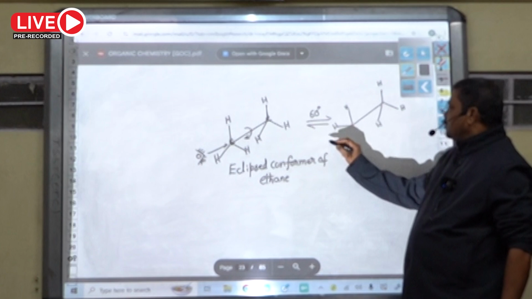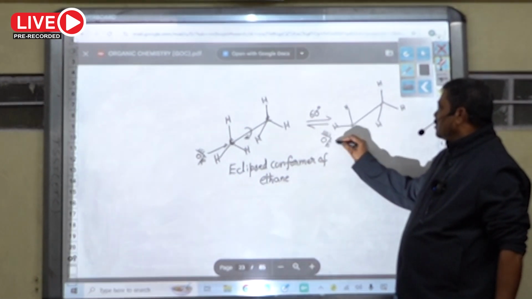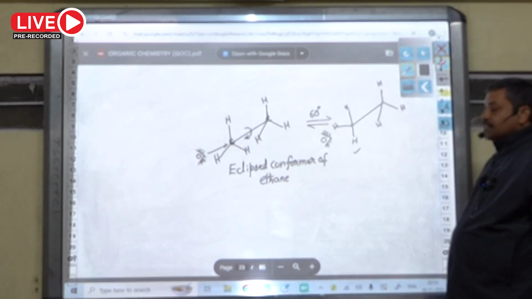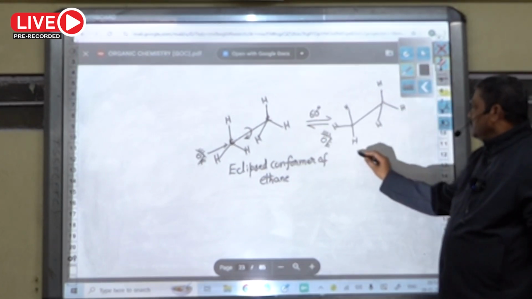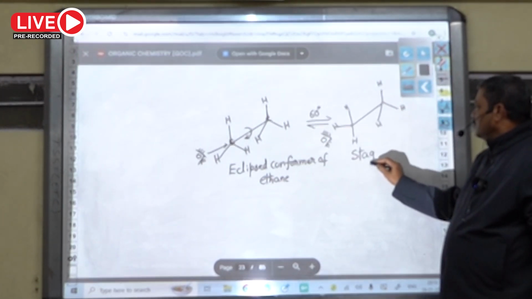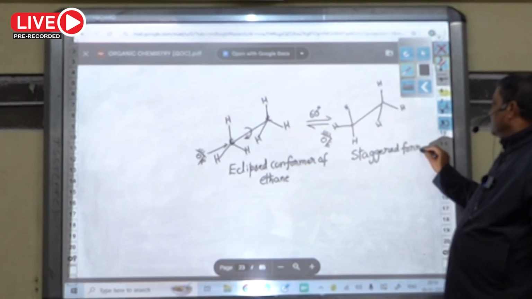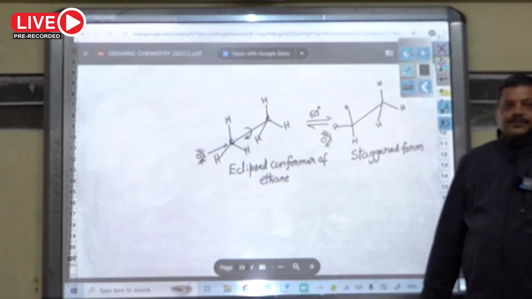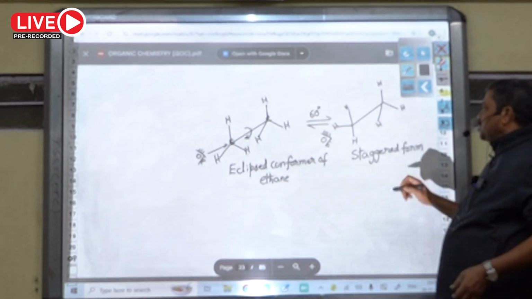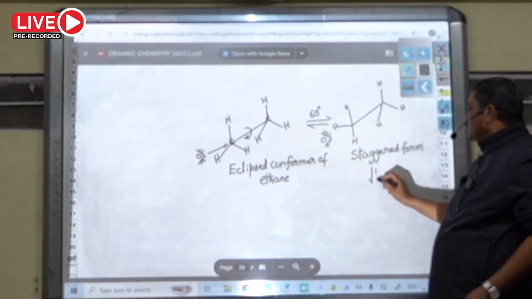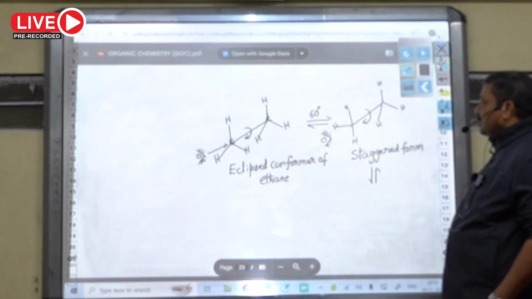So the observer is observing from here and can see all the hydrogens. This is called staggered form. Suppose you do one more 60 degrees, again you will get eclipsed form.